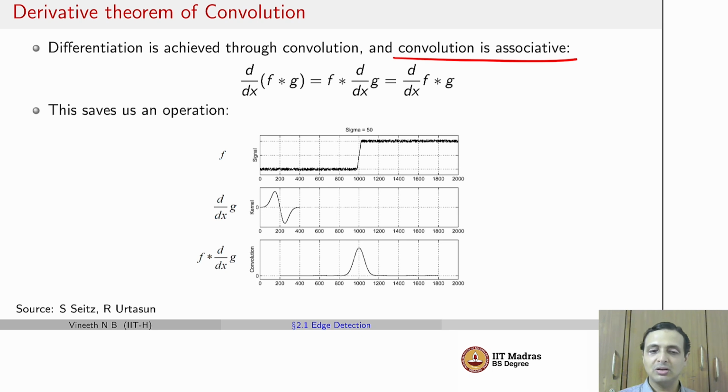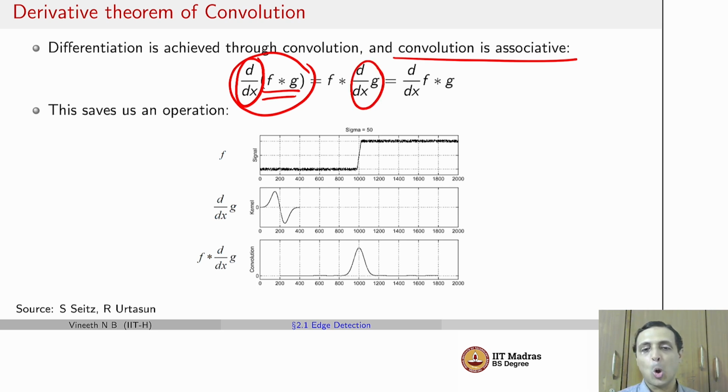So if you assumed a gradient function of f convolution g, and this gradient can also be implemented as a convolution, which we saw a couple of slides back with those Sobel filters and other filters, then because of the associative property, we can write this as f convolution the gradient of g, or gradient of f convolution g.